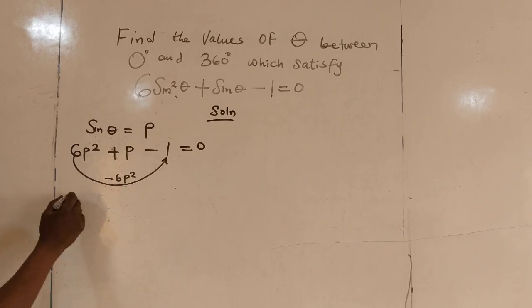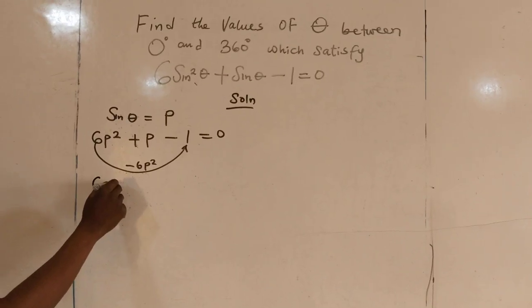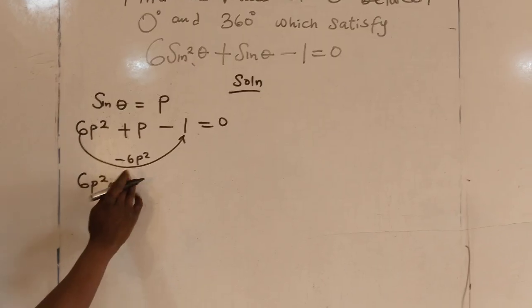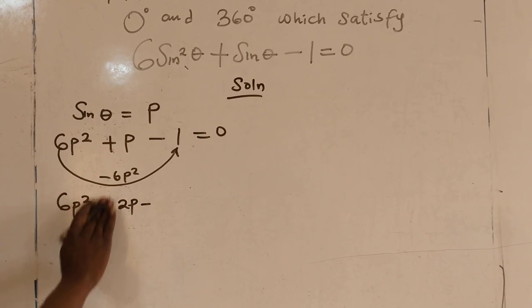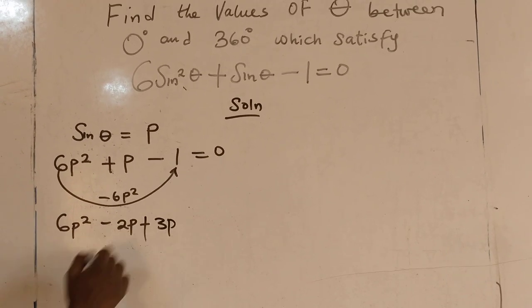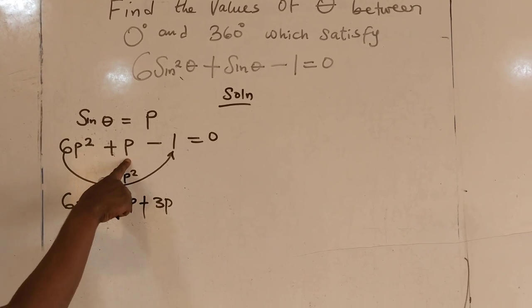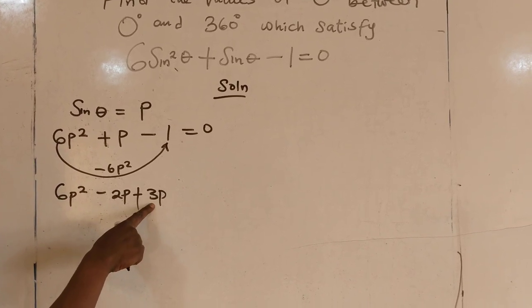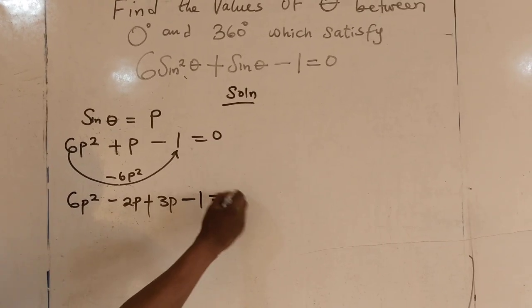So it will be 6p squared plus 2p minus 2p plus 3p, because minus 2p plus 3p will give us 1p, right? And then minus 2 multiplied by 3 will give us minus 6. So this is minus 1 equals 0.